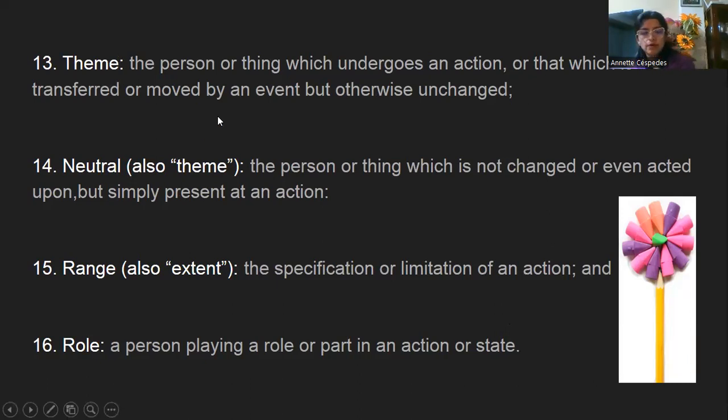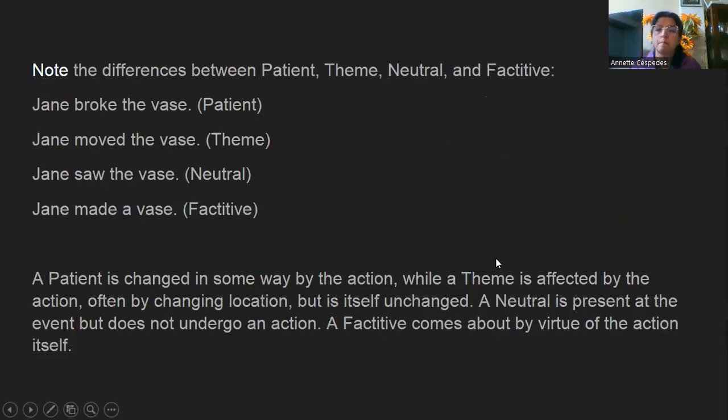It's the person or thing which is not changed or even acted upon, but simply present at an action. Then we have the range, also extent, which is the specification or limitation of an action. And finally, we have the role, which is a person playing a role or part in an action or state.